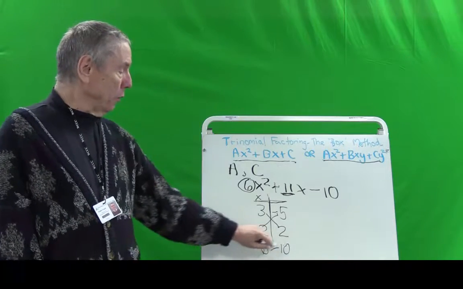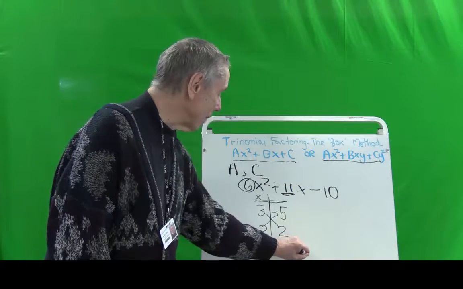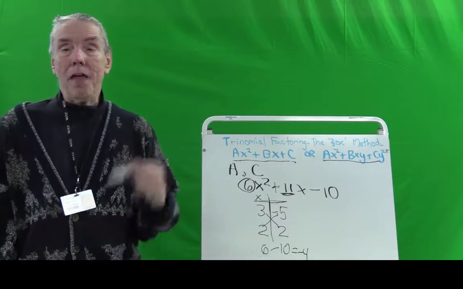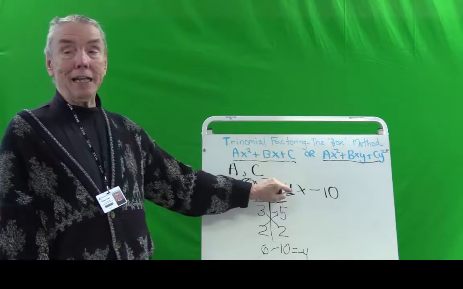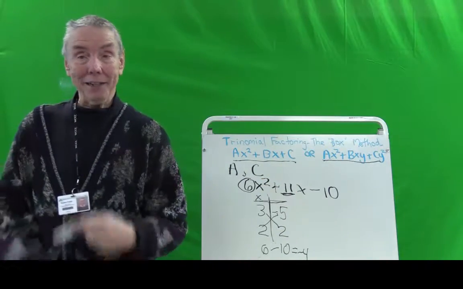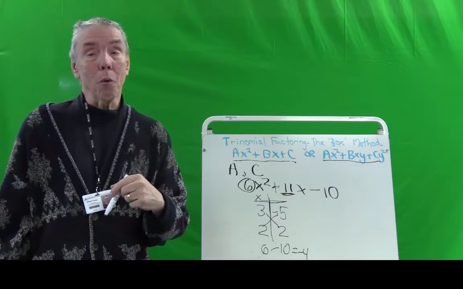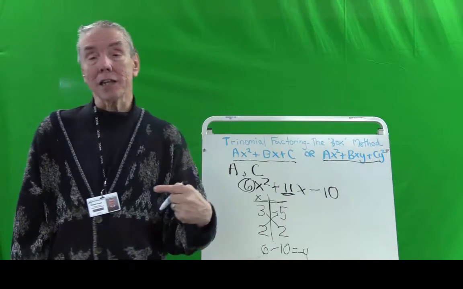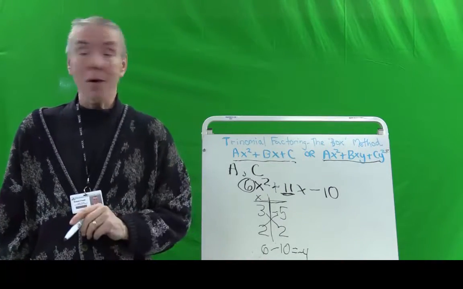The value in total is negative 4. That trial failed because negative 4 is not equal to 11. In fact, it's not close to 11. What we're actually looking for is either 11 itself or negative 11, as I'll show you as we go on.